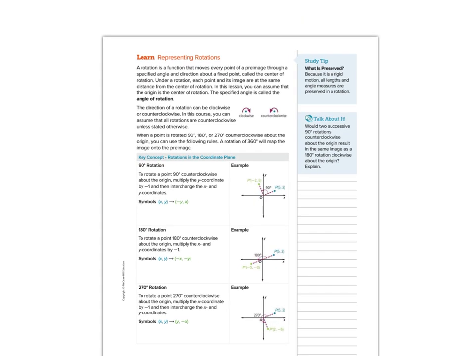And then here, representing rotations, it looks like we have covered the same amount of information, talking about the concepts of rotations, thinking about how far they travel, 90 degrees, 180 degrees, 270 degrees, talking about clockwise and counterclockwise. And then here, would two successive 90-degree rotations counterclockwise about the origin result in the same image as a 180-degree rotation clockwise about the origin?